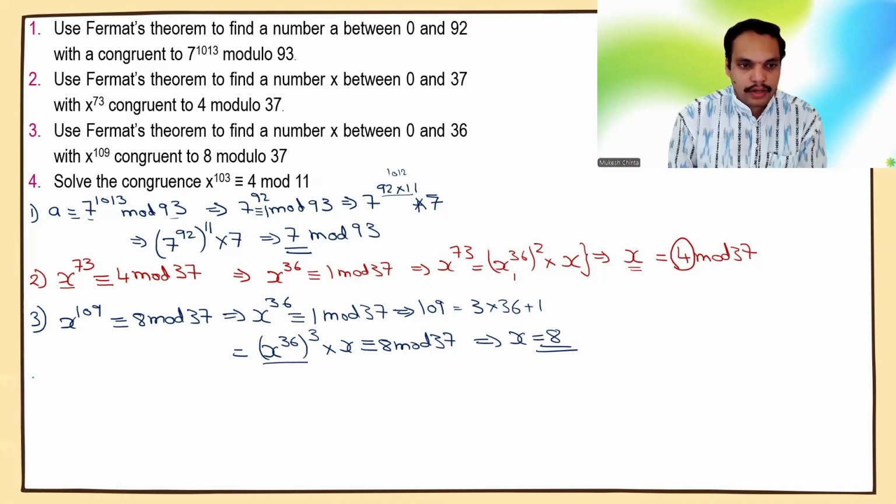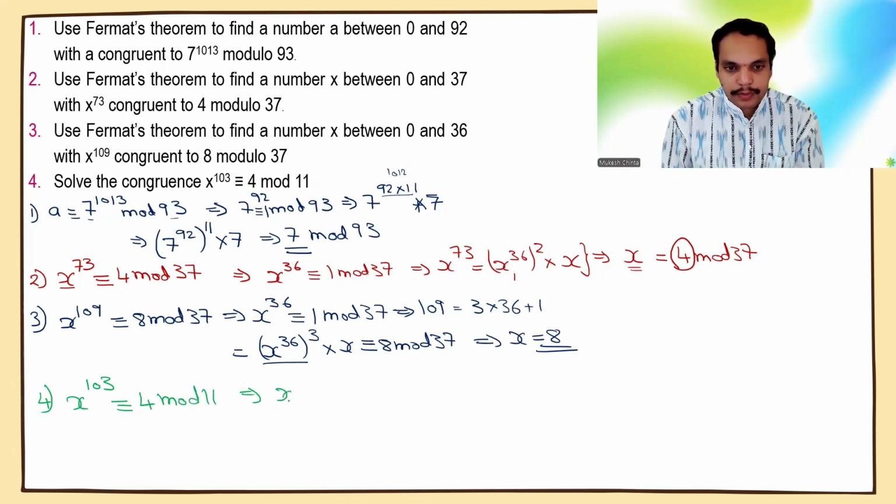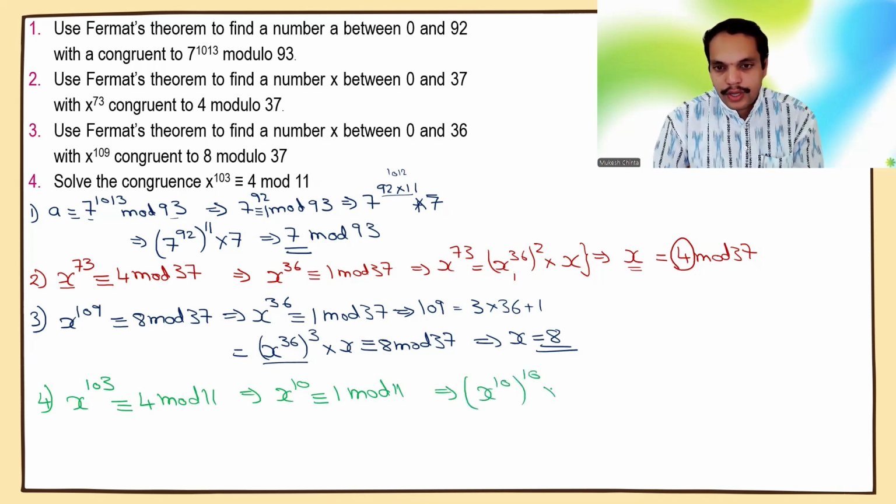That's all. Now if you take the fourth one, solve the congruence x power 103 is congruent to 4 mod 11. Once again, it's very simple. If you consider that x power 10 is congruent to 1 mod 11, then you can write it as x power 10 to the power of 10 into x cube is congruent to 4 mod 11.